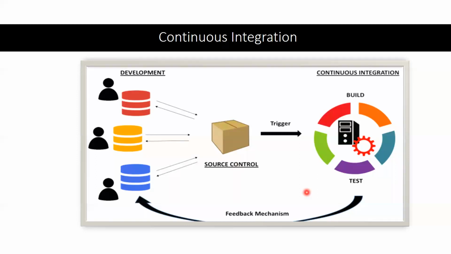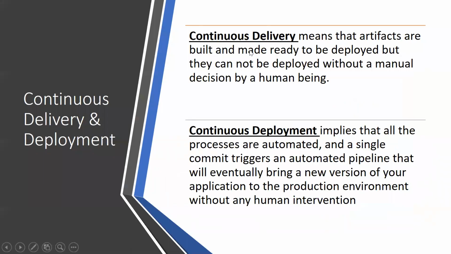Okay. Now, next is continuous delivery and continuous deployment. There is a difference between delivery and deployment. In delivery, I am saying I am ready to move. All the artifacts are done. I have done the testing automatically. The code is developed, tested, built, everything is done. Now we need to move to production, and someone needs to approve it.